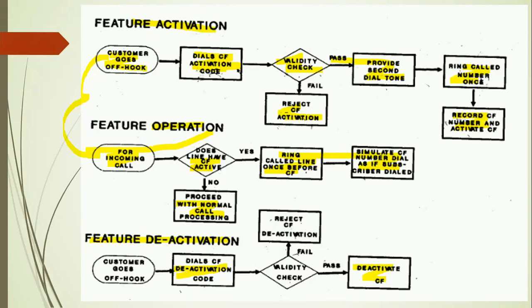Otherwise, with no deactivation code, it will reject the code. It is a simple thing: activation means you will forward the number after ringing once, and deactivation means you are removing call forwarding from your phone number. So this is about the feature flow diagram, the most expected question from the question paper.